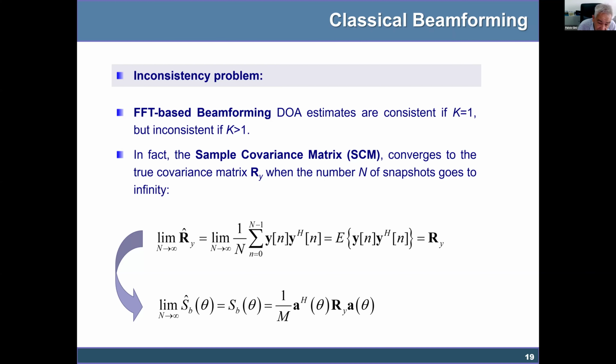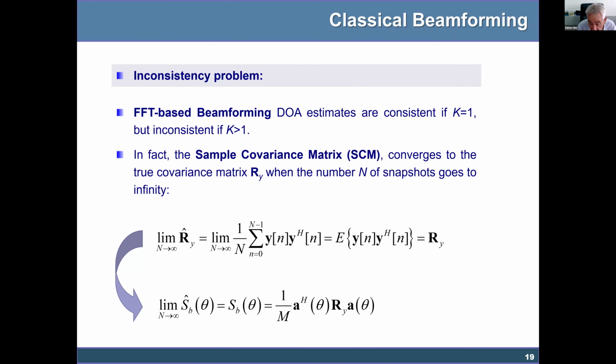So the estimate converges to the true value. This happens only if K is equal to 1. So this method to estimate the direction of arrival is not consistent if we are in the presence of multiple sources.